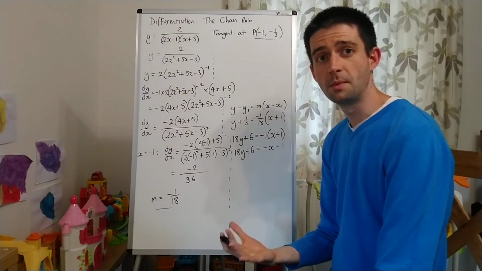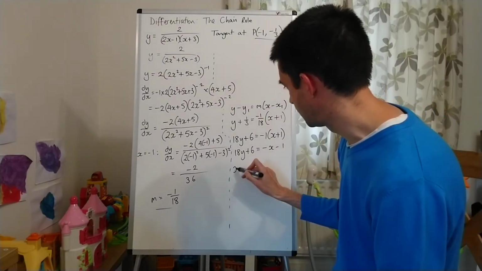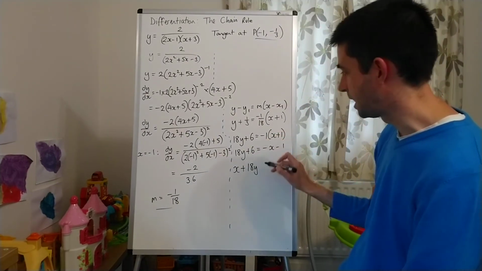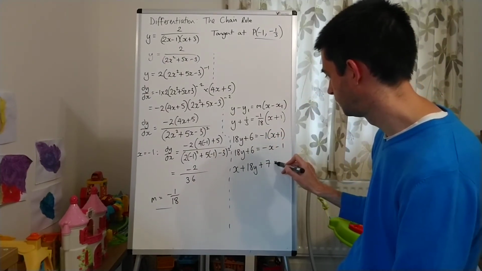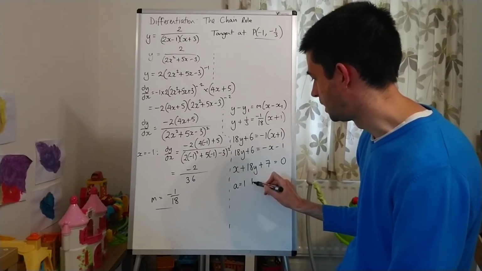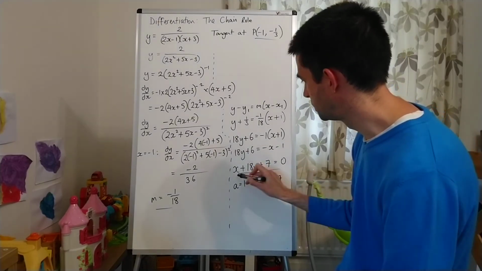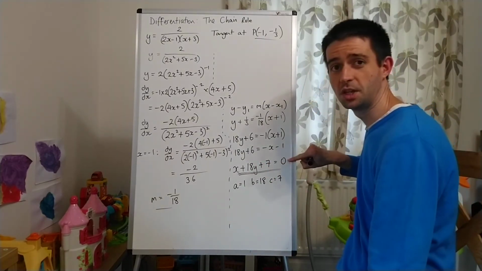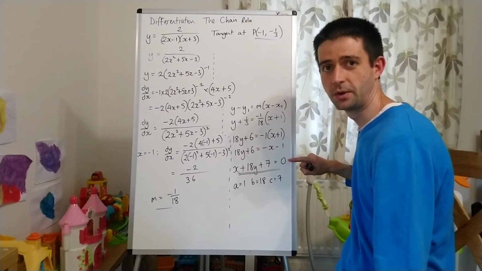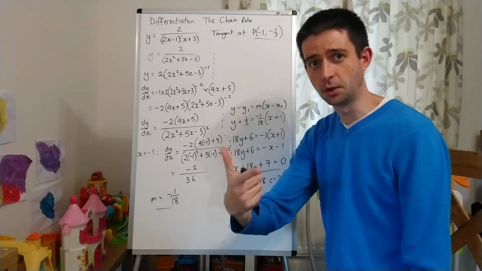I've been asked for the form ax plus by plus c equals 0, so I'm going to add that x over to make it positive, plus 18y. Add that 1 over, make it positive, 7 equals 0. And I could then state that a equals 1, b equals 18, and c equals 7. But the important bit is that the equation of the tangent to the curve is x plus 18y plus 7 equals 0.